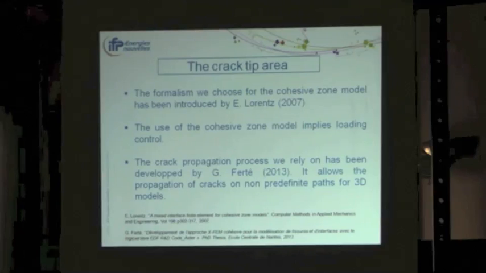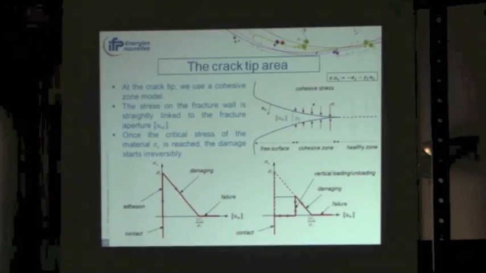So the formalism we chose for the cohesive zone model has been introduced by Eric Lorentz, and we know that the use of this cohesive zone model implies loading control because of this non-monotone behavior.